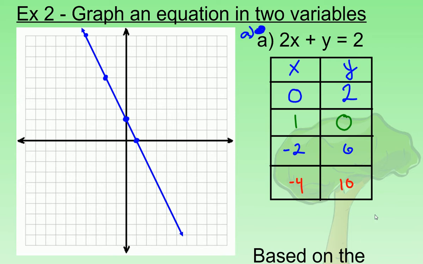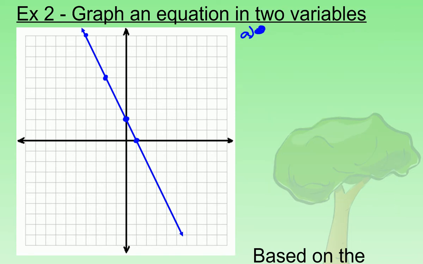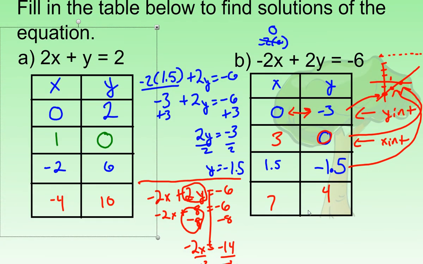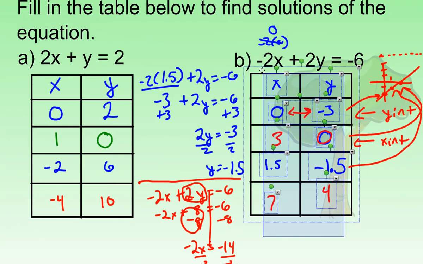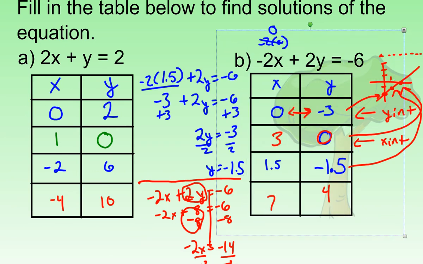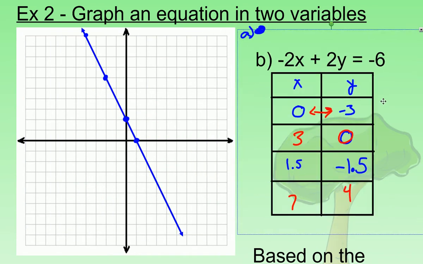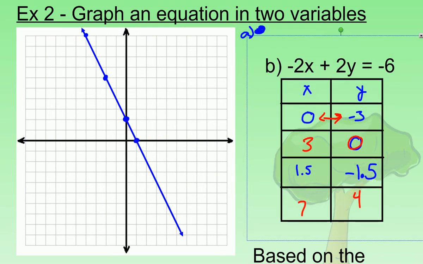So now I'm going to grab the second table that we filled out, this letter B here. So I'm going to take all of this stuff, group it, copy it, paste it, drag it over here. We'll do letter B in red.